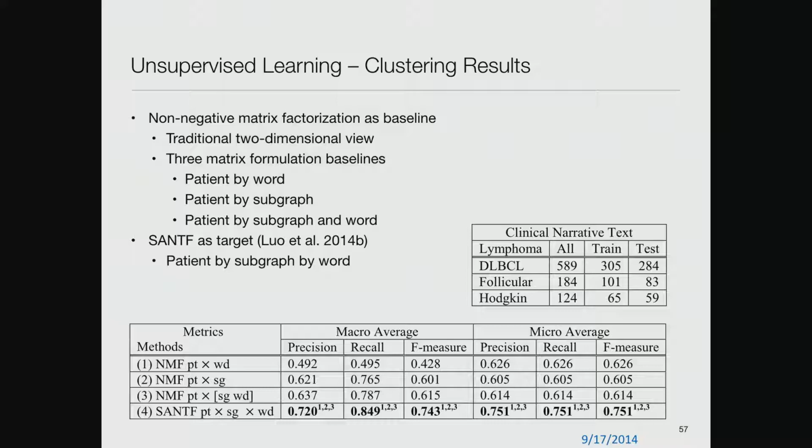So if you look at his technique, which he called SANTF, the precision and recall are about 0.72 and 0.85 for macro average and 0.75 for micro average, which is much better than the non-negative matrix factorization results, which only use patient by word or patient by subgraph, or in fact, one where you simply concatenate the subgraphs and the words in one dimension. So that means that this is actually taking advantage of the three-way relationship.